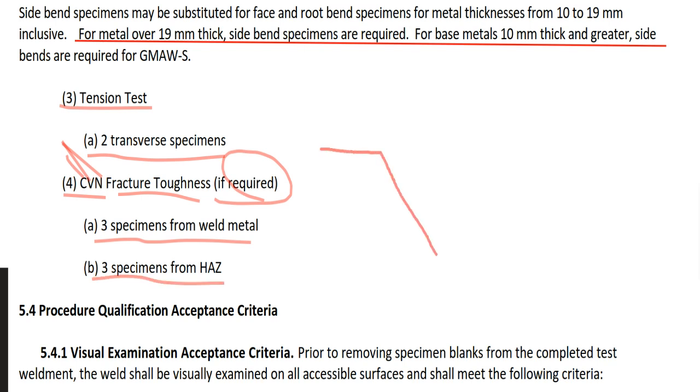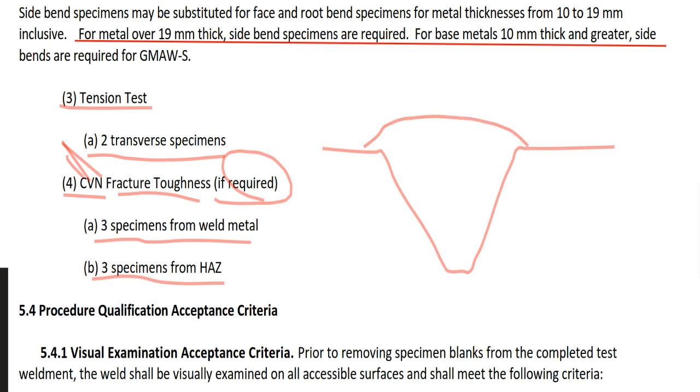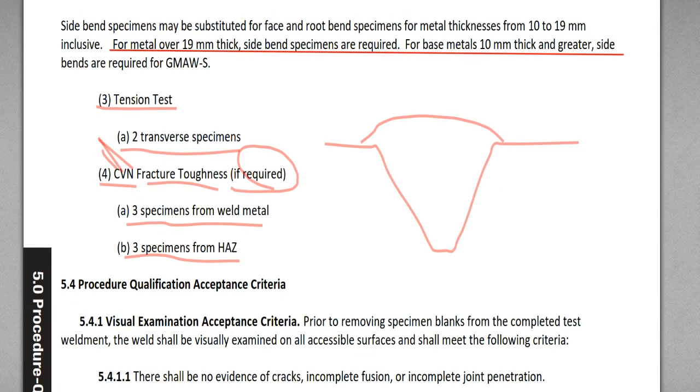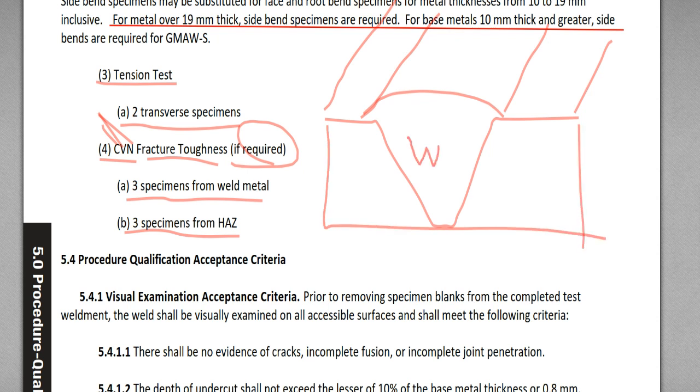So for example, we have a weldment right here. This is the weldment and HAZ like this.